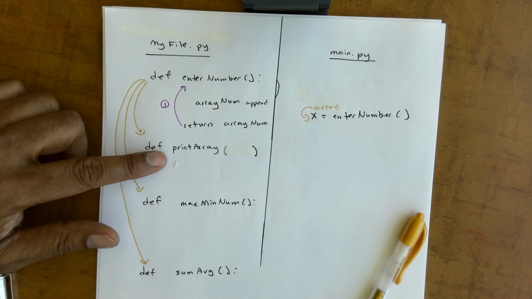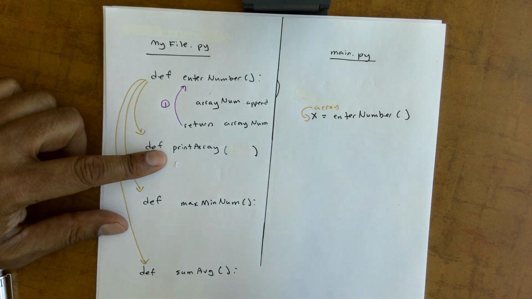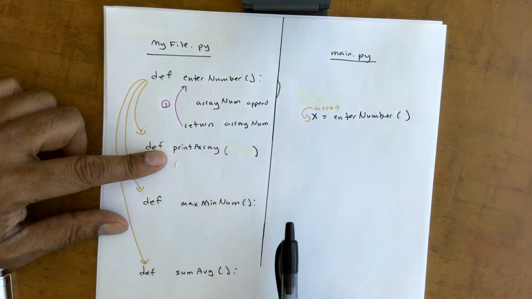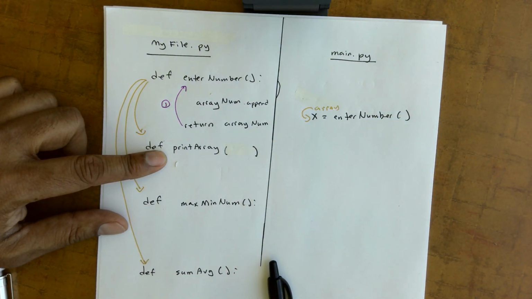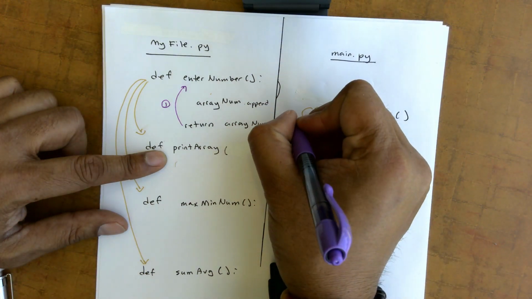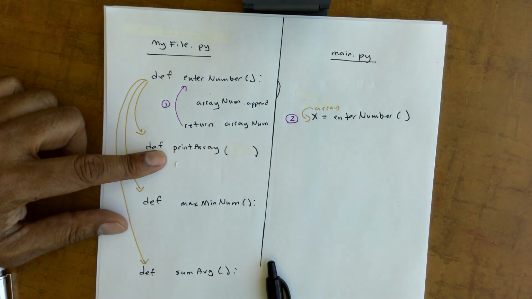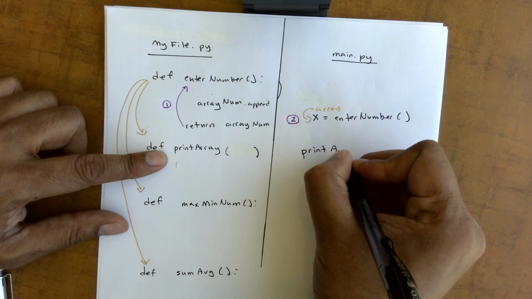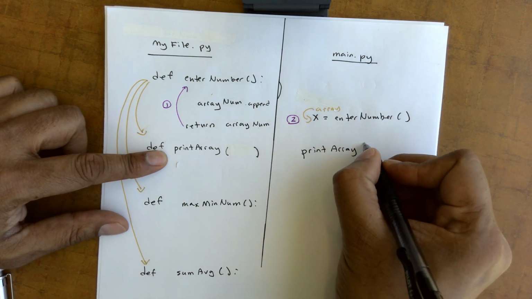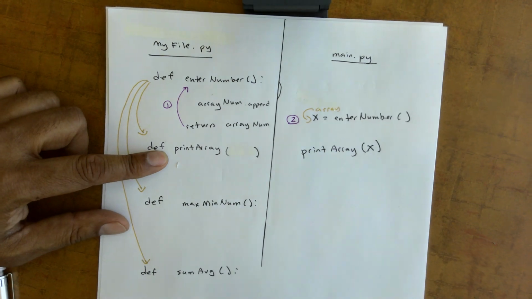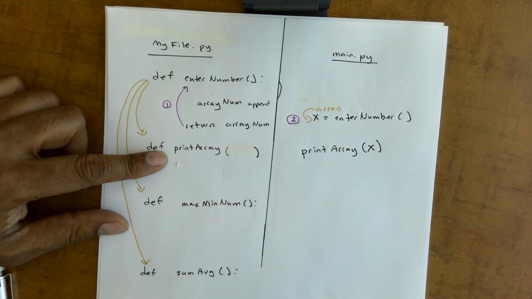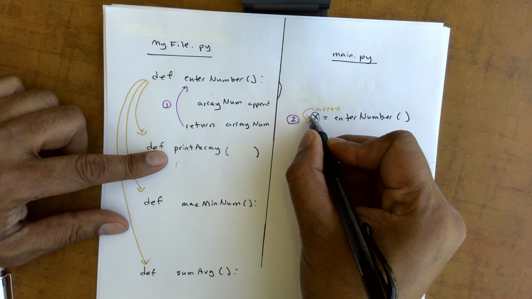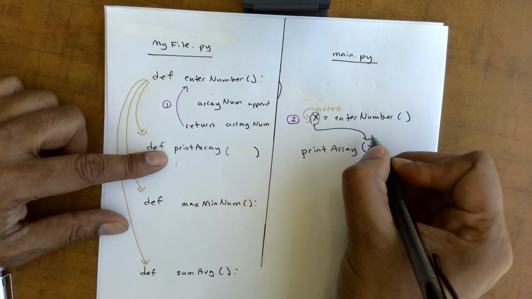I call print array. So this is obviously step 2, right? So let's write down step 2 is that array there, right? Then I have to utilize that. So how do I utilize that? So I would say print array of x, okay? Now this x value is obviously that x value.